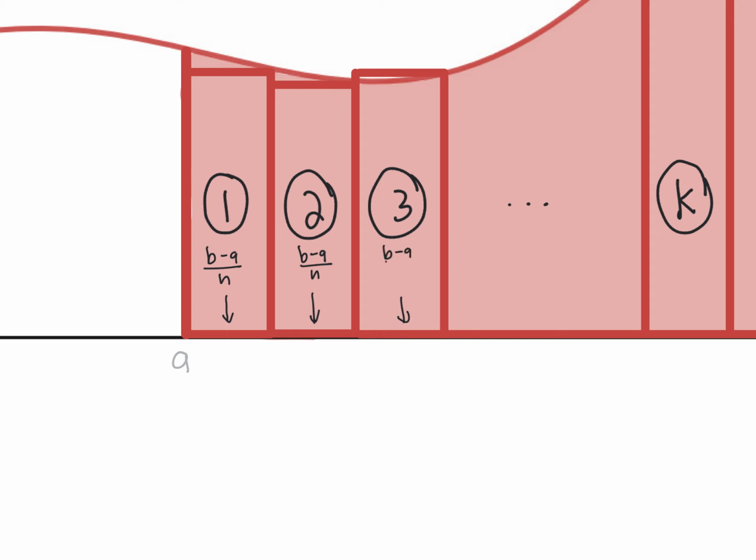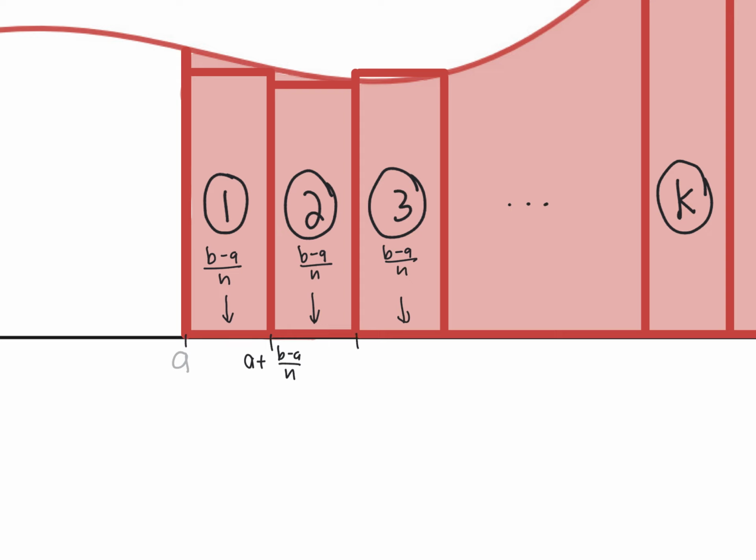Here this first x value is a, and we're going to add b minus a over n to get the next x value. So the next x value is a plus b minus a over n. That's this x value right there.